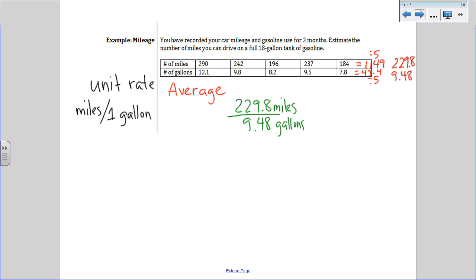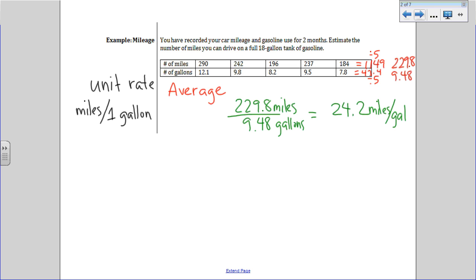Well, it's no different than the previous problems. We just had to find that rate. So now to find the unit rate, you're going to divide those. 229.8 divided by 9.48. And what that gives me is 24.2 miles per gallon. So beautiful. What a lovely unit rate.